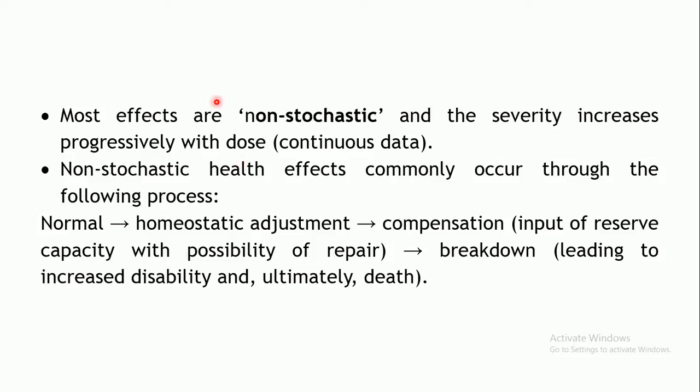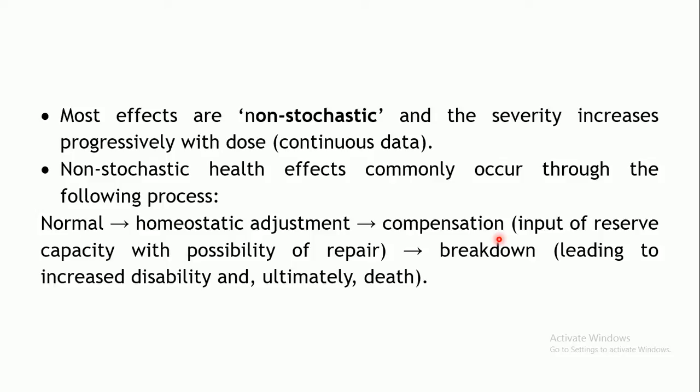The usual process which is involved in these non-stochastic effects is that initially the particular individual or the cells will be normal. With the continuous exposure, your body or the system will try to adjust. Homeostatic adjustments will be done. Later on, with further continued exposure, compensatory mechanisms will come into picture. There are chances of repair.